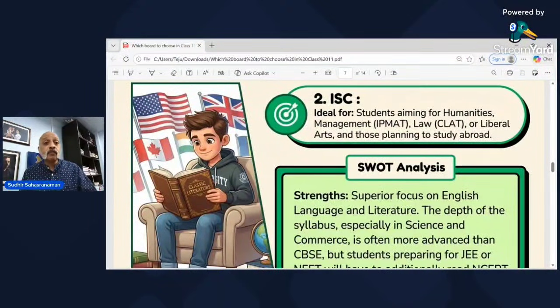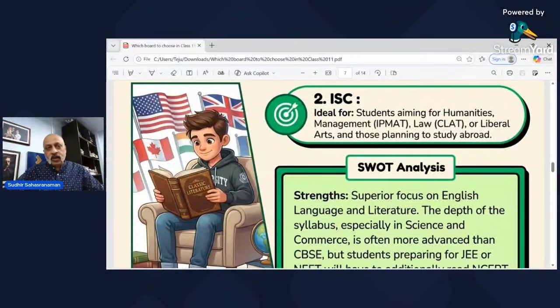ISC is ideal for students who are aiming for humanities. It's ideal for students aiming for management if you're planning to write the IPMAT kind of examination, law, CLAT, or any of the liberal arts subjects, or you're planning to go abroad to study. See, I'll take the example of IPMAT. IPMAT is where you will go and do your management course, right?